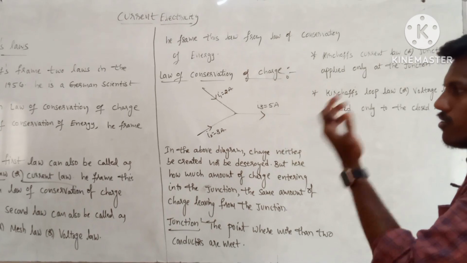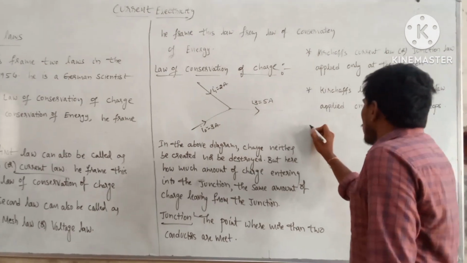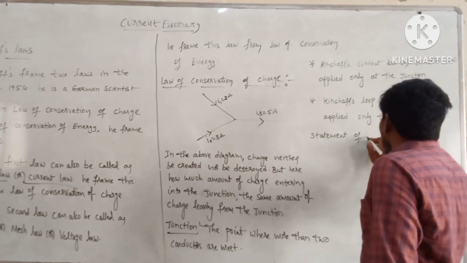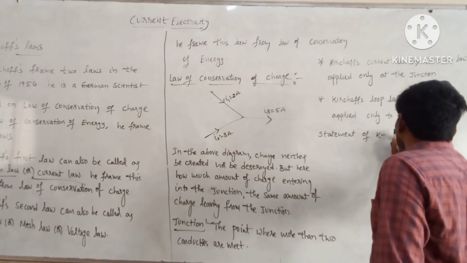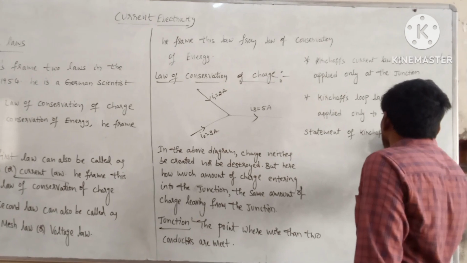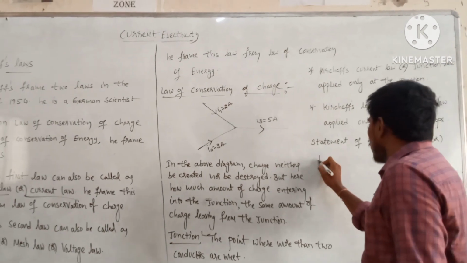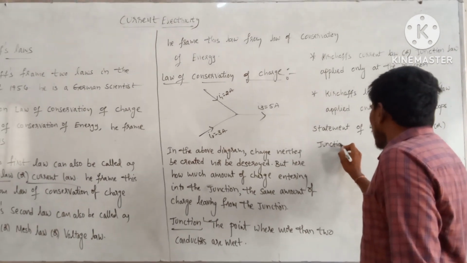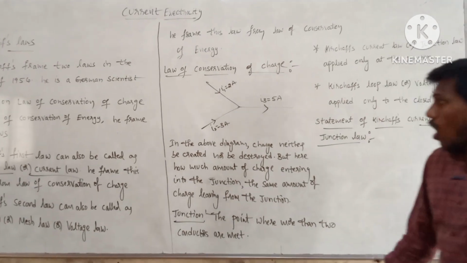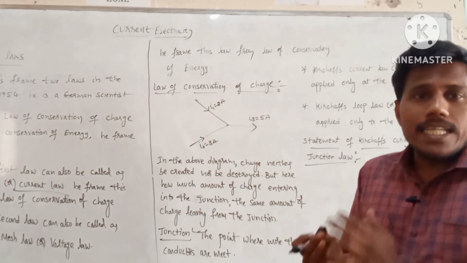First of all, what is the meaning of Kirchoff's current law? Now I am going to explain it. So the statement of Kirchoff's current law or junction law: how much amount of current is entering into the junction, the same amount of current is leaving from the junction.